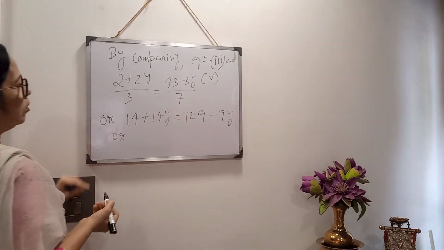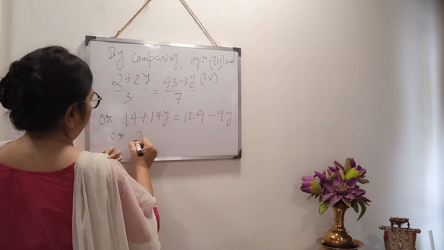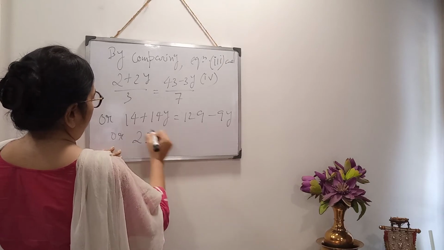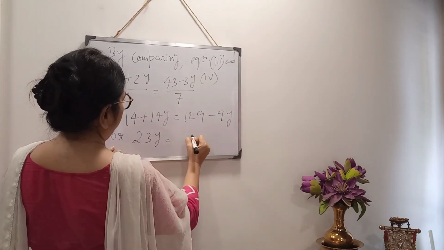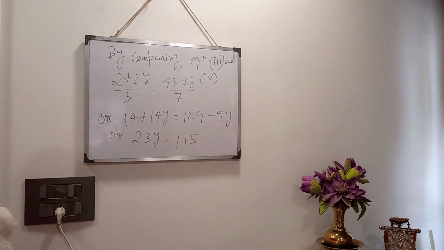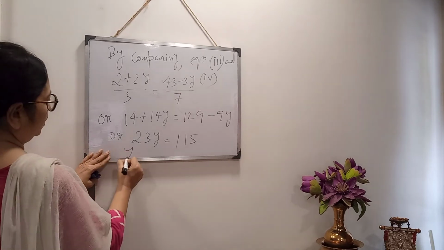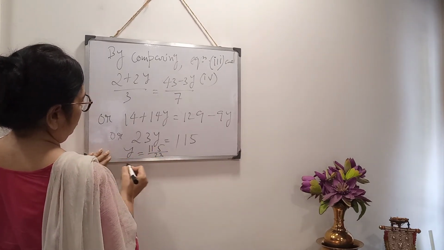Nine will come this side, it will become positive. 23y, and this will go that side and subtract, 9 minus 4 means 5. 115 is coming. So what is your y? Your y is 115 by 23.